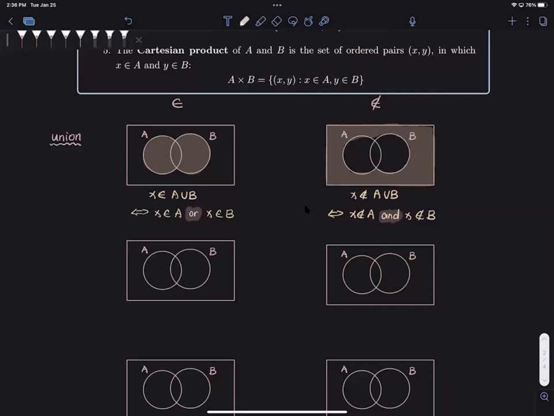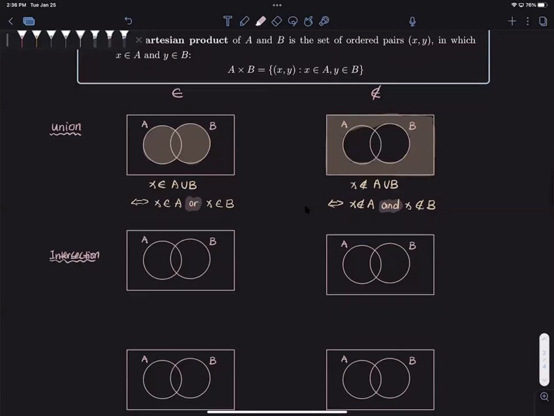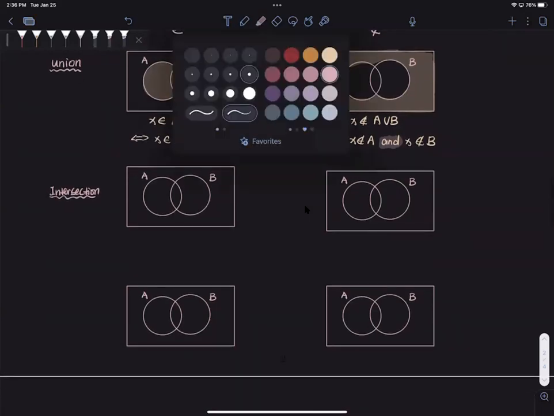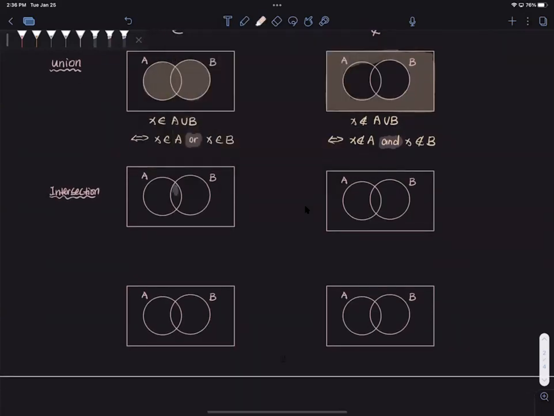Similarly for intersection. If X is in the intersection, then it's somewhere here.